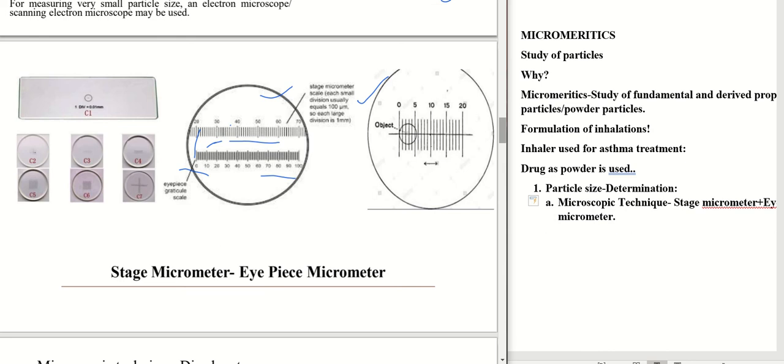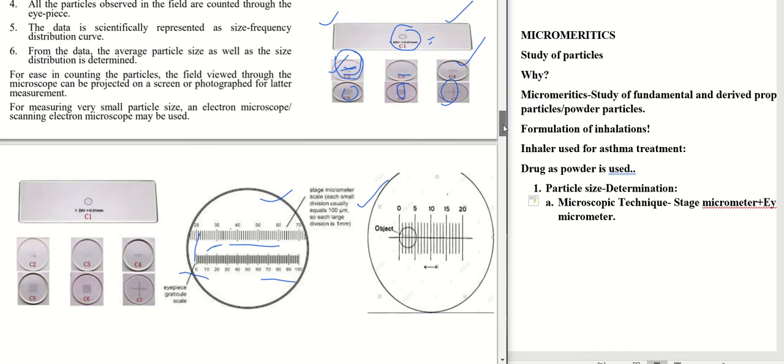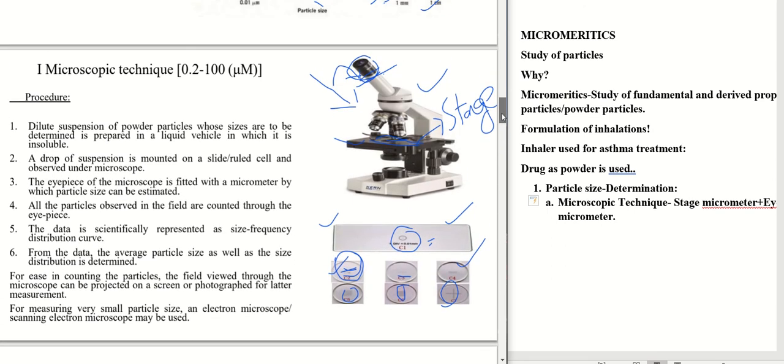Now, we are done with the calibration of the instrument. Now let's get into the actual procedure. We are given a powder sample for which we need to determine the particle size.